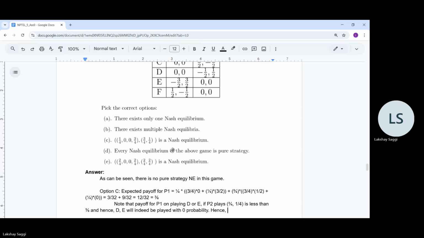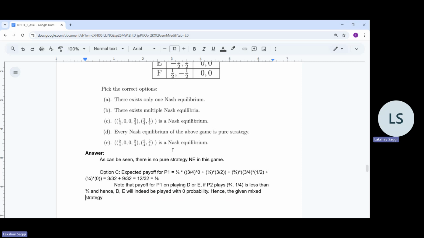Hence, the given mixed strategy is indeed a Nash equilibrium. Mixed Nash equilibrium. Okay.